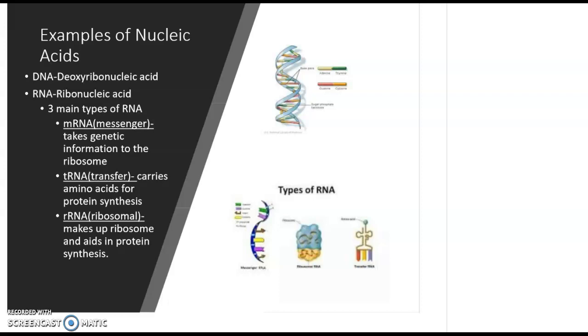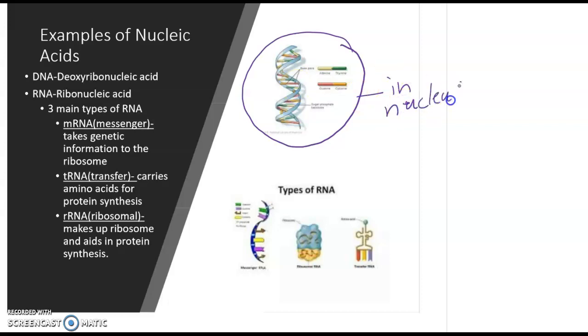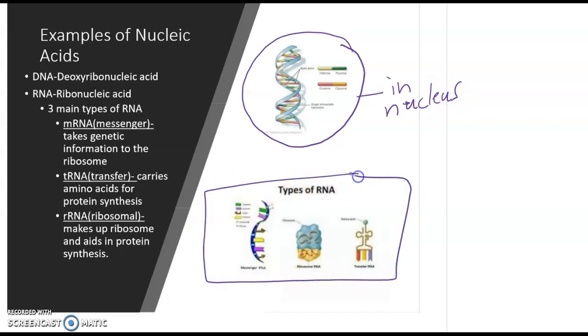Examples of nucleic acid are DNA, which is double-stranded, and it is found inside the nucleus. And then you have RNA, and there are 3 specific types of RNA, and they all have very different jobs, but they get their information from the DNA.